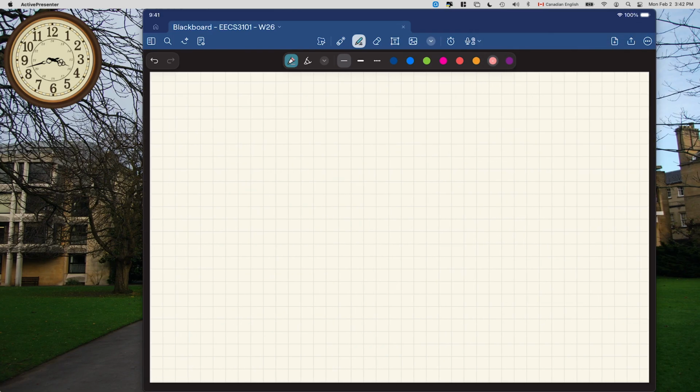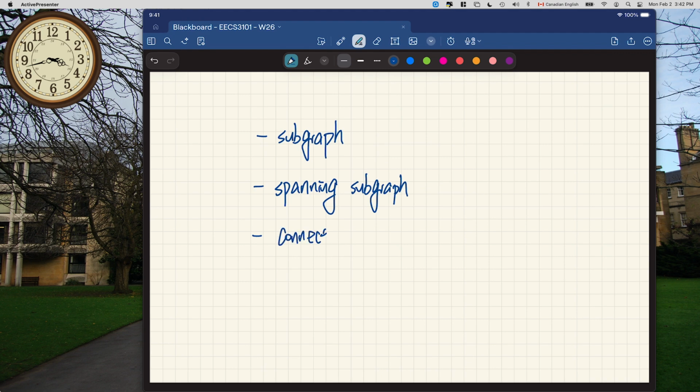We're going to start by talking about what a subgraph is. Then we're going to talk about what a spanning subgraph is. Then what a connected subgraph is.